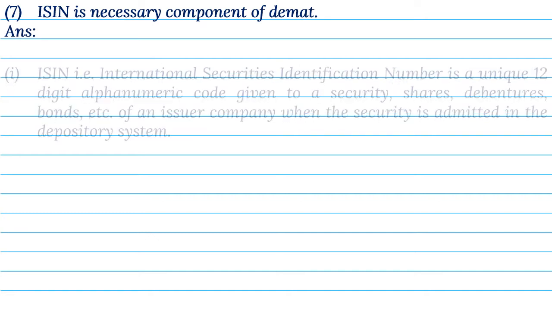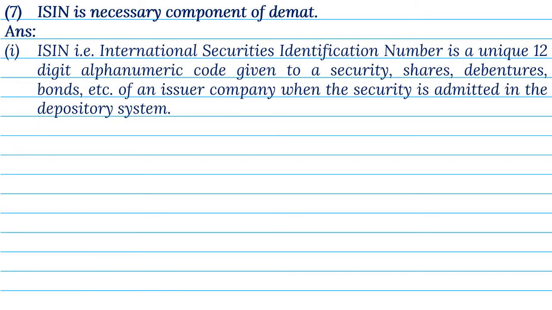Answer. 1. ISIN, that is, International Securities Identification Number, is a unique, 12-digit, alphanumeric code, given to a security, shares, debentures, bonds, etc., when the security is admitted in the depository system. 2.